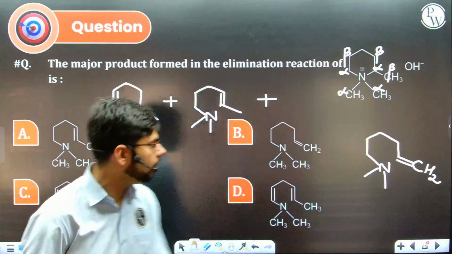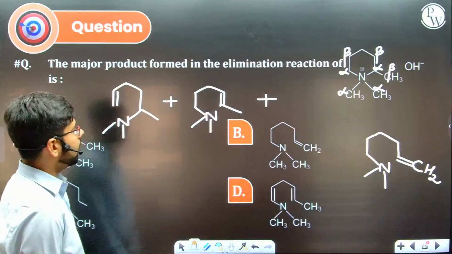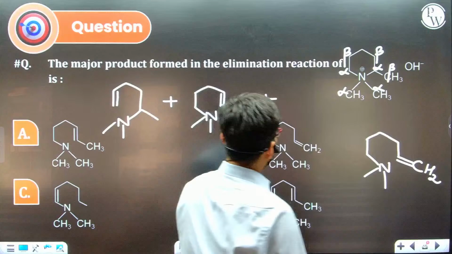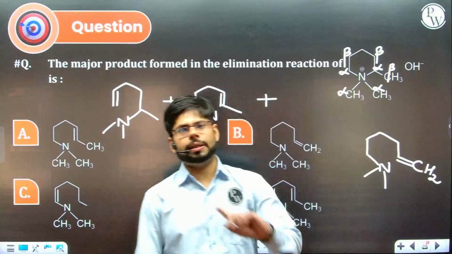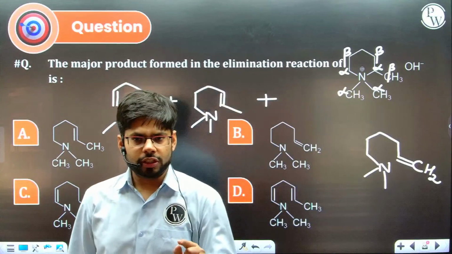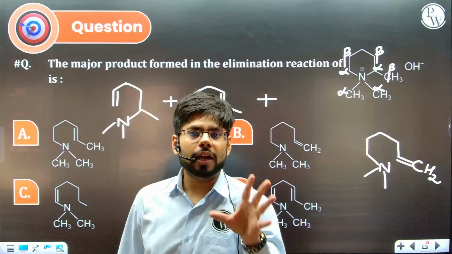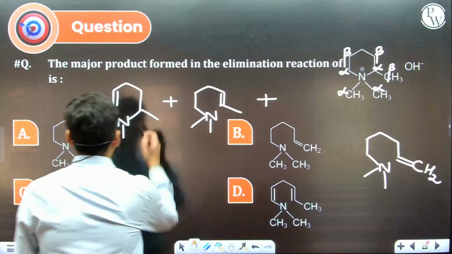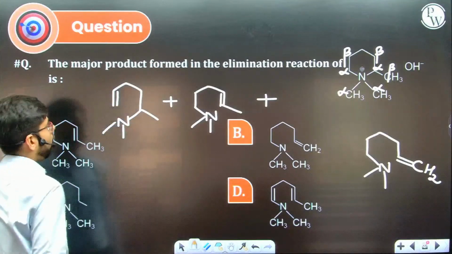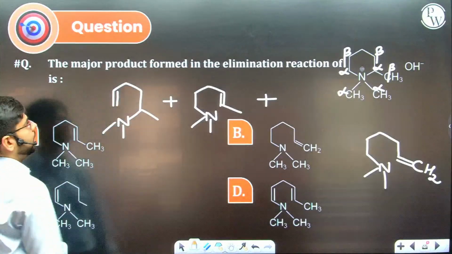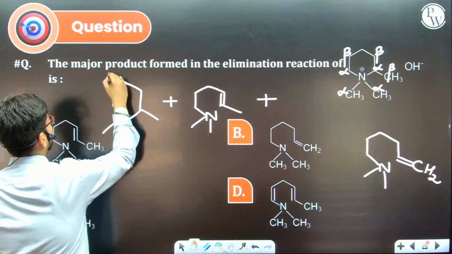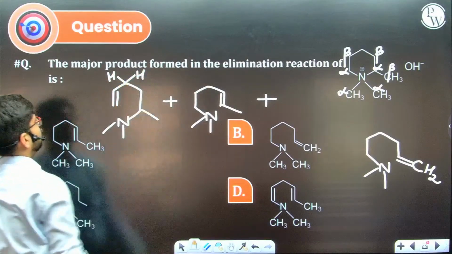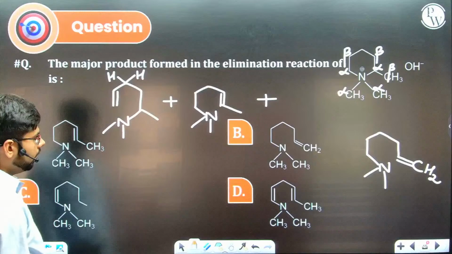Now, which is the Hoffman product? I'll have to decide the Hoffman product now. So, the Hoffman product will be the one in which there are minimum alpha hydrogen atoms with respect to the double bond. So, let's start counting. In this compound, how many alpha hydrogen atoms are present? So, we have these 2 alpha hydrogen atoms, right?